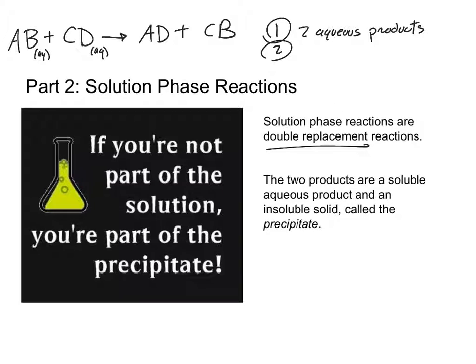Another thing you have to look for is if liquid water forms. A third thing you have to look for is if a gas forms. And lastly, the fourth thing you have to look for is if a solid forms.